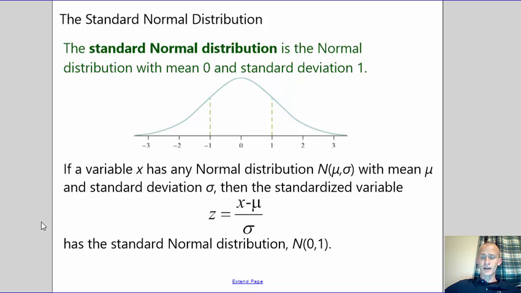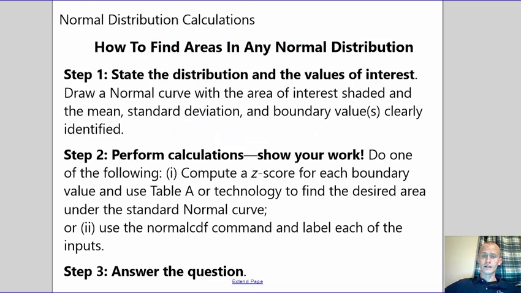We can use that normal distribution shorthand: the capital N and then the mu and sigma with our mean and standard deviation, and then we can abbreviate that as N(0, 1). That's our normal distribution with a mean of 0 and a standard deviation of 1.